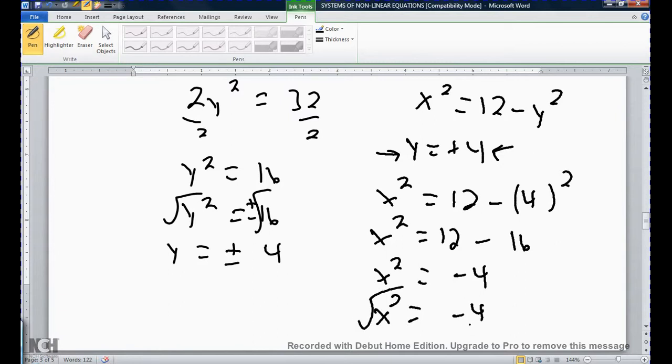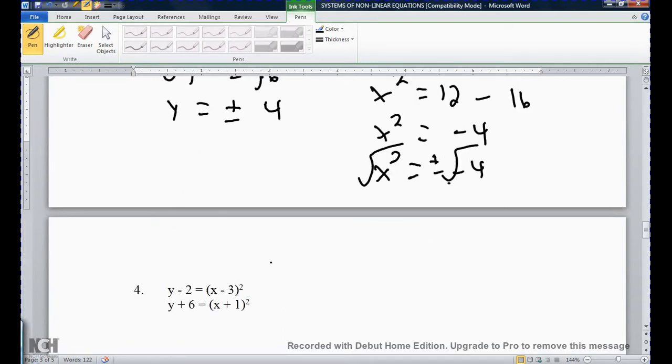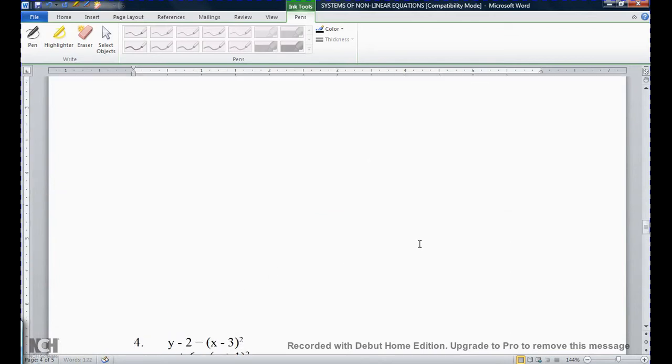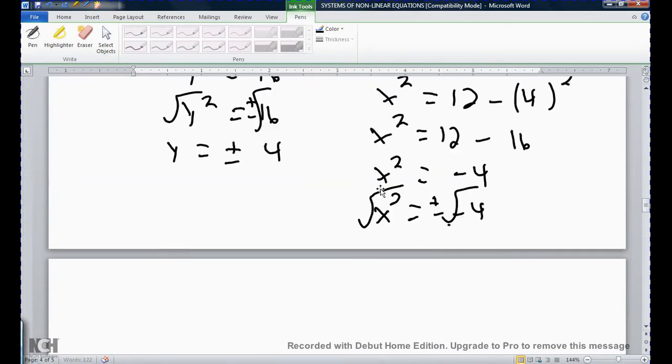We square root both sides. Don't forget plus or minus. Now I've got to come down here, and I need some space. And so, plus or minus square root of negative 4 is actually plus or minus 2i.